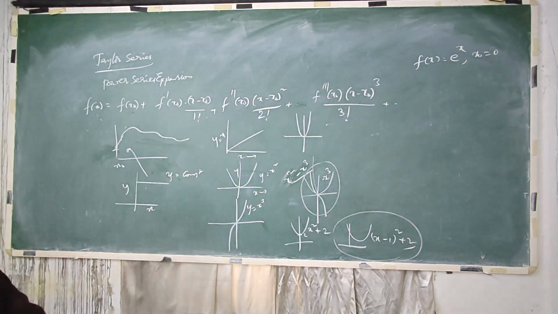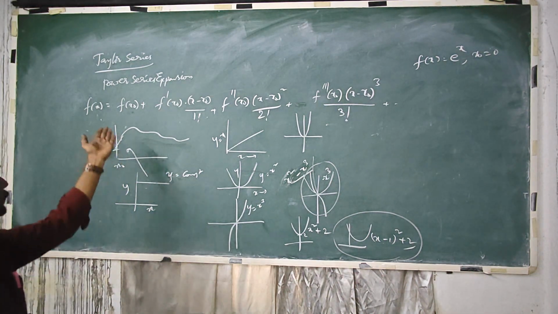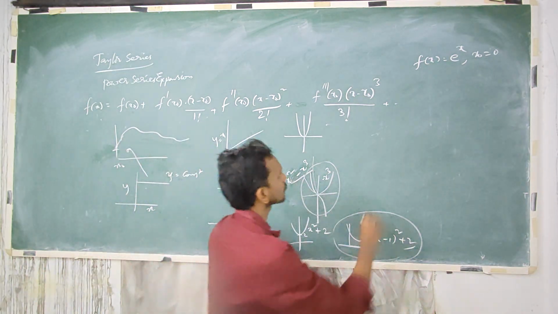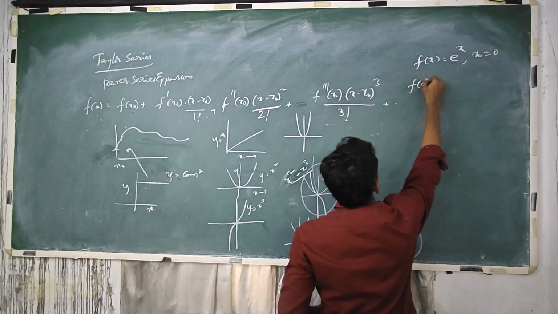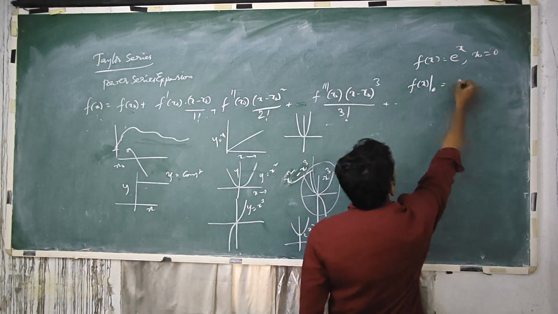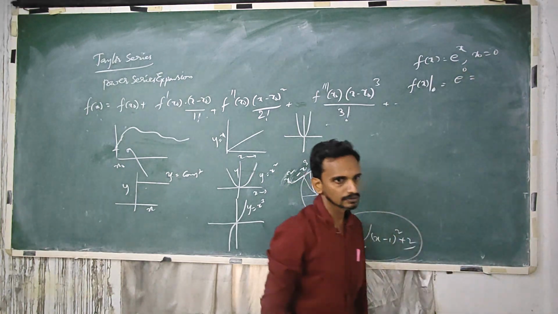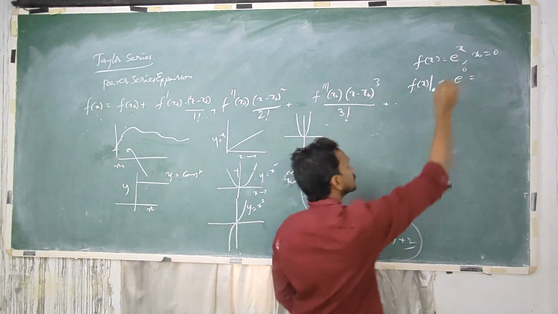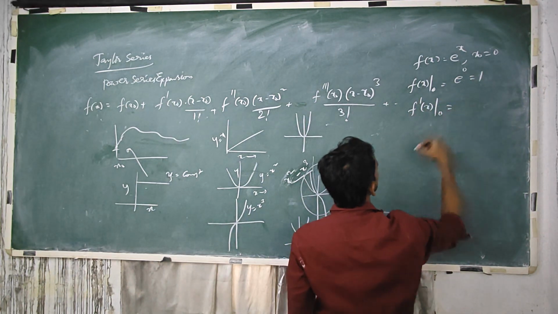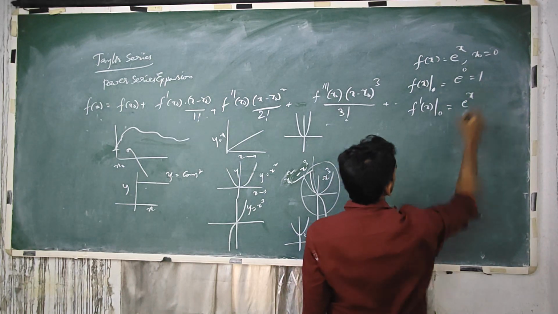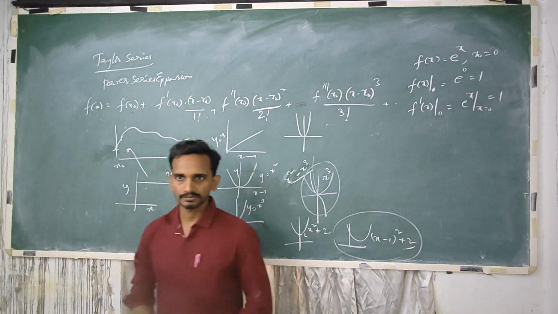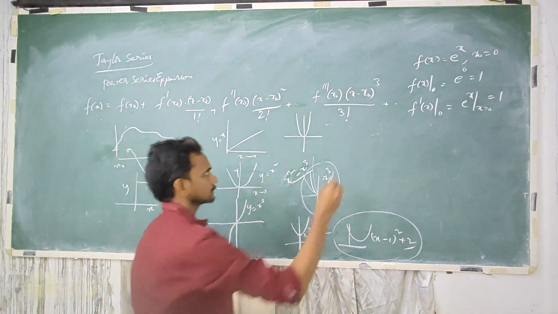Okay, so now what is the form of the function? f of x at 0 is one. f dash of x, the derivative of it, is e power x, at x equal to 0. f double dash of x.